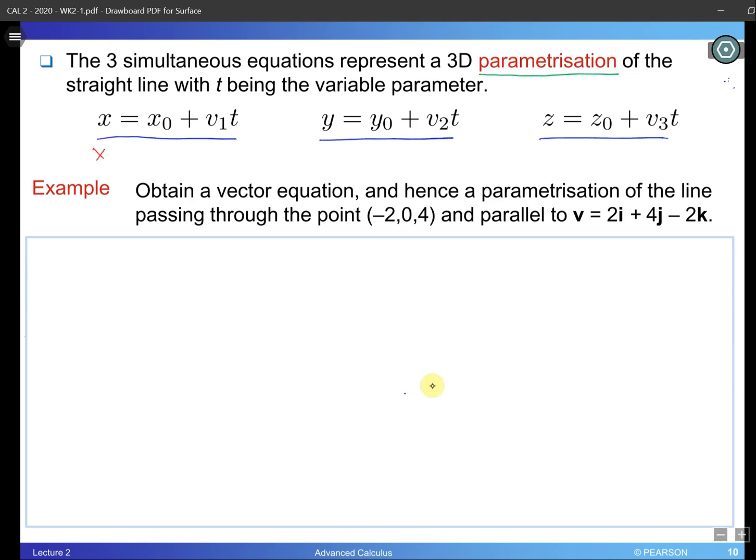X coordinate. And this is the y coordinate. And the last one is the z coordinate. And they are coordinates of the points on the line. And as you can see here, at different t, the coordinate would be different.